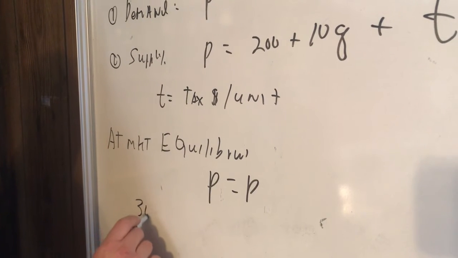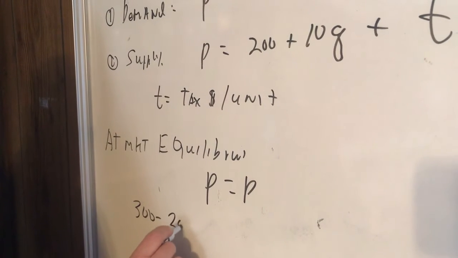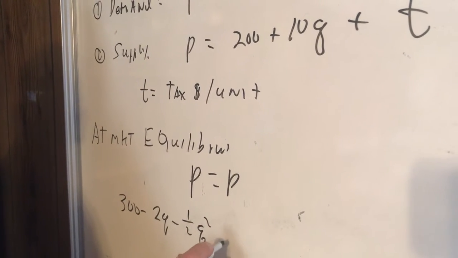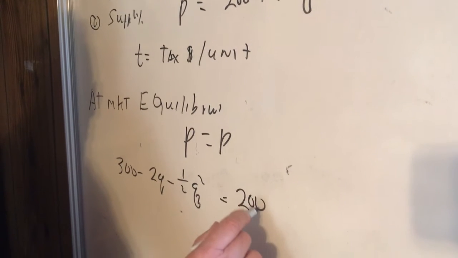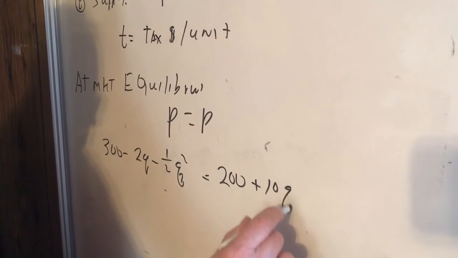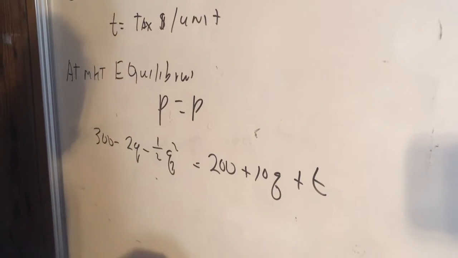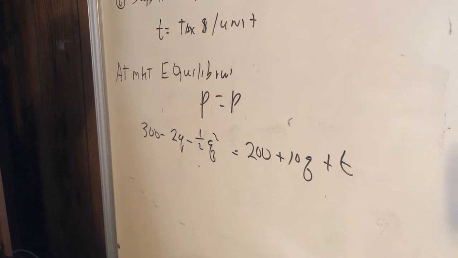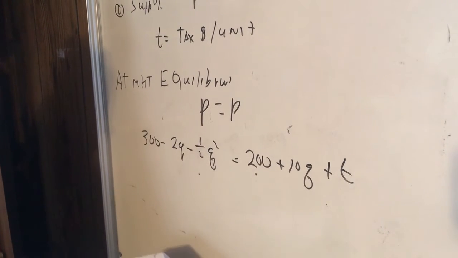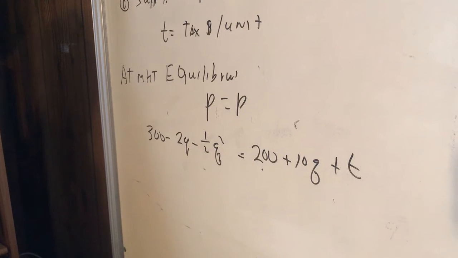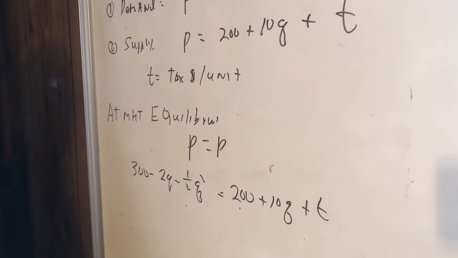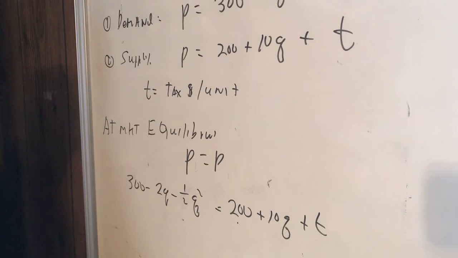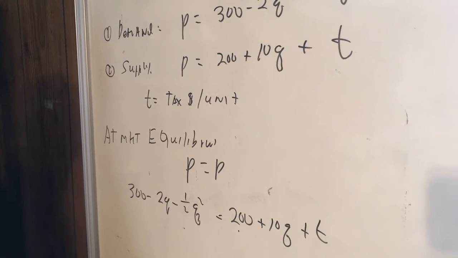So we have 300 minus 2Q minus 1/2 Q squared equals 200 plus 10Q plus T. Now I'm going to solve this for T. I'm going to bring the 200 over here.